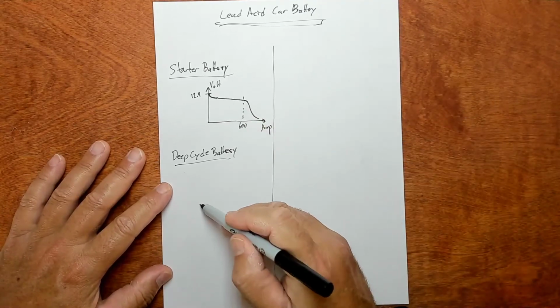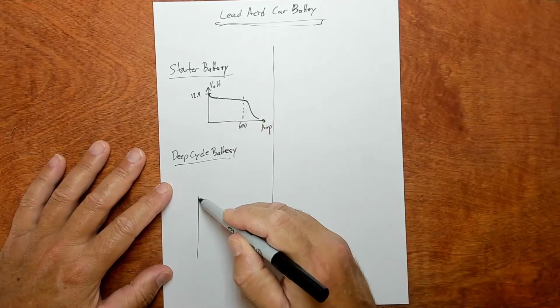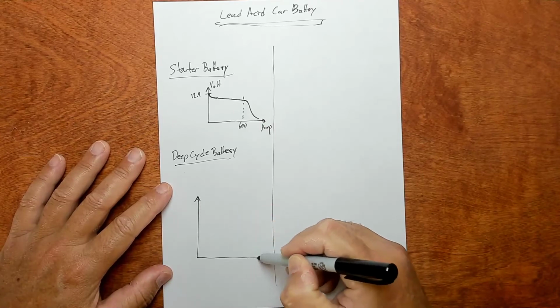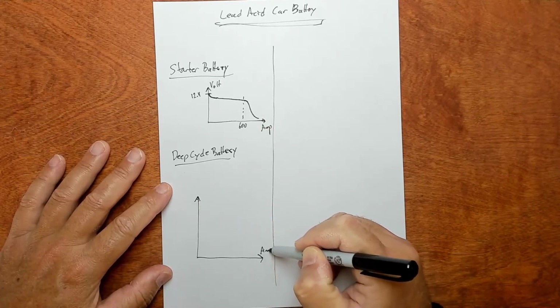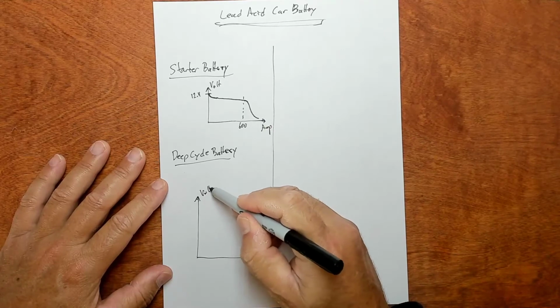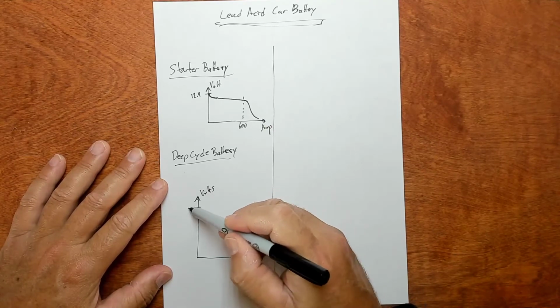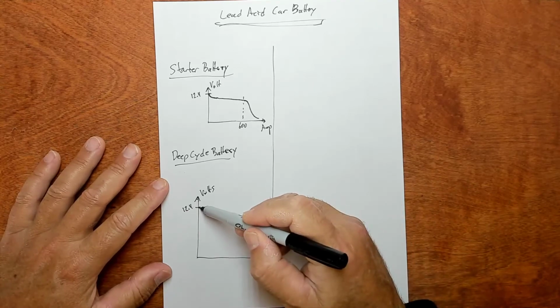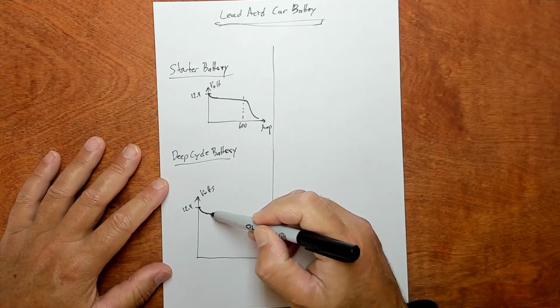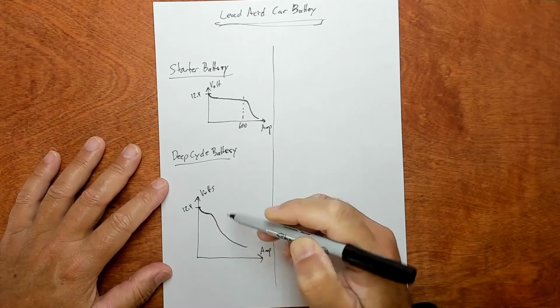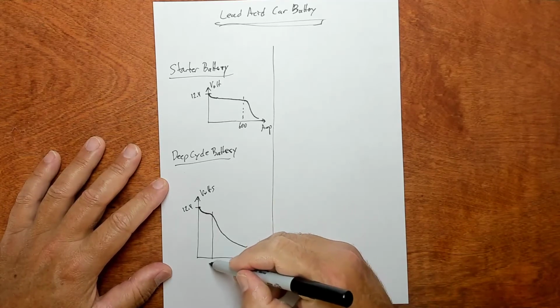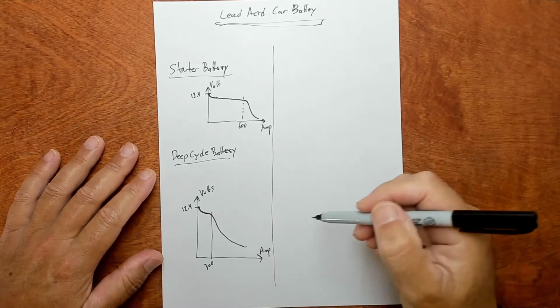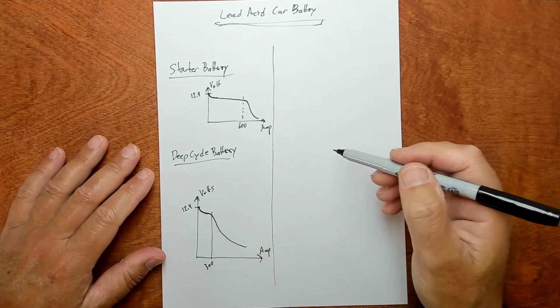What about a deep cycle battery? They don't have such good starting current. It might be 12.4 volts when the battery's super healthy. When you start drawing current, it'll do pretty good, but then it might start dropping off at maybe something like 300 amps, or maybe even less.